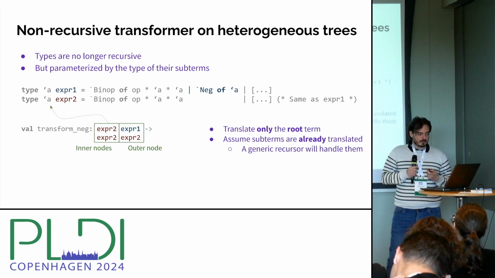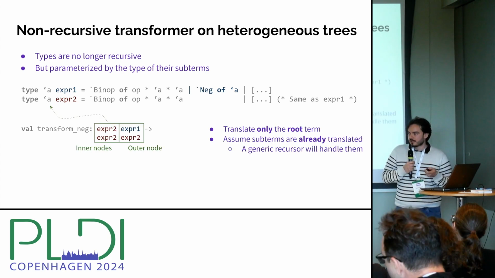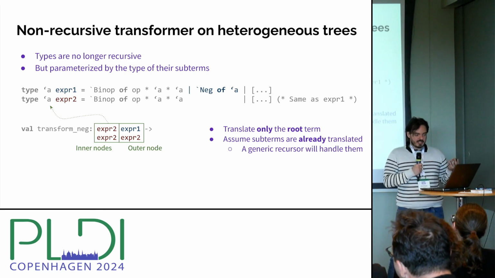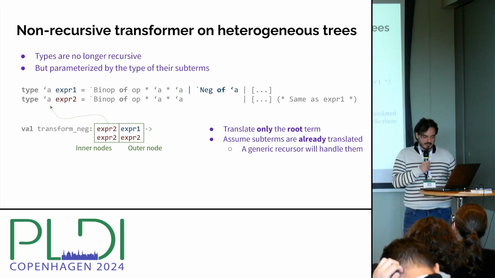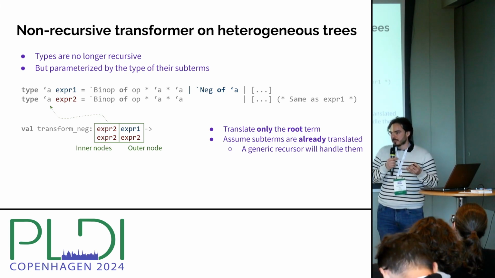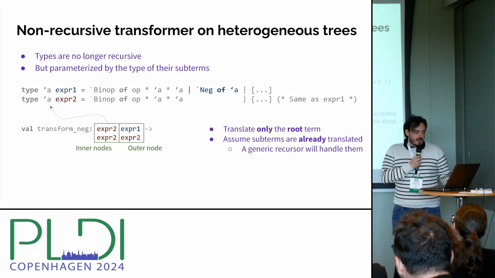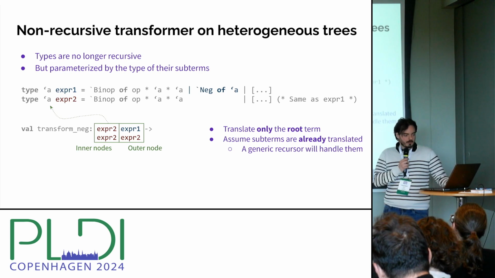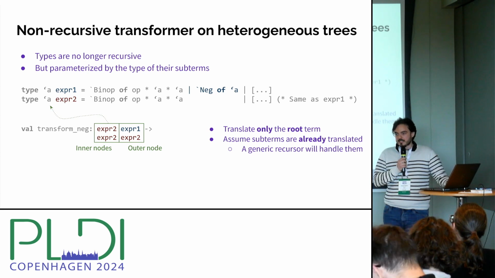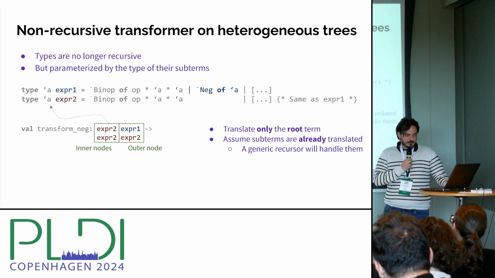So what does a pass look like through its type again? Here is the type of the transform neg pass, which will desugar this neg operator. The first line is the input type of transform neg, and the second line is the type of the result.